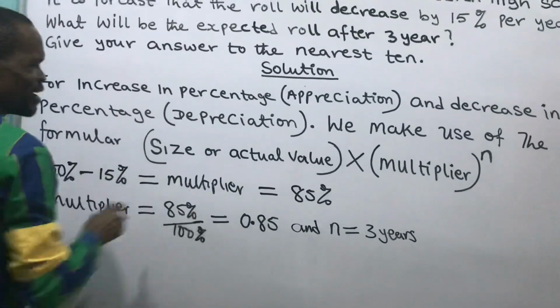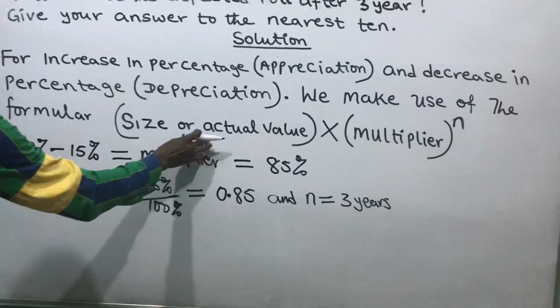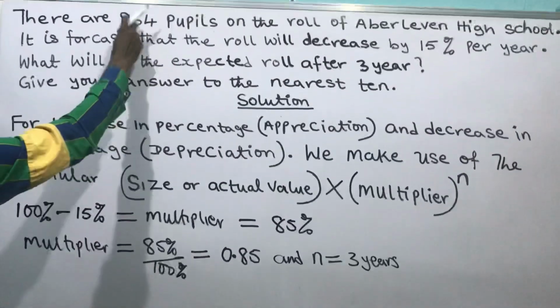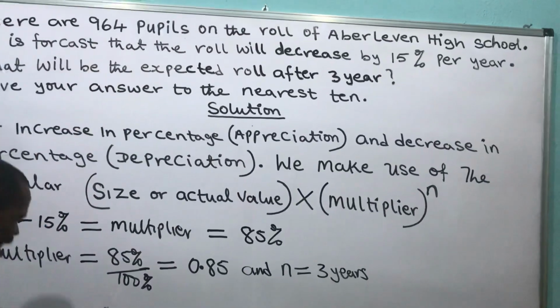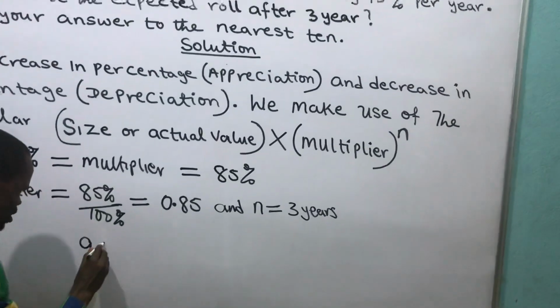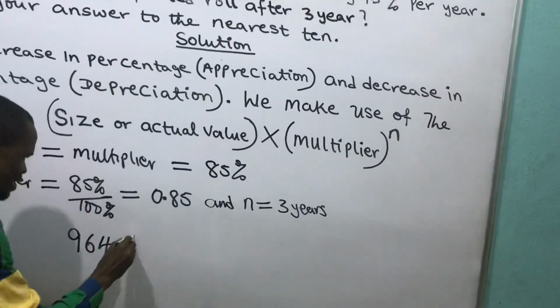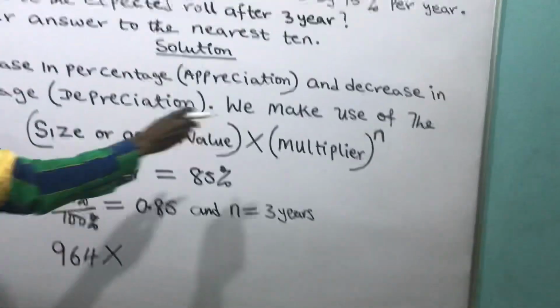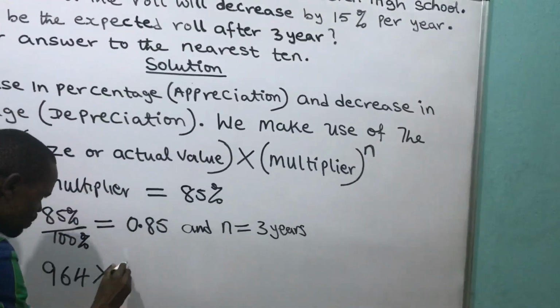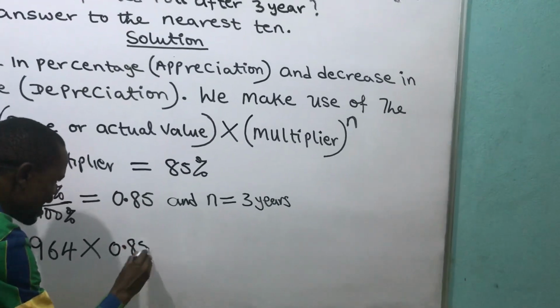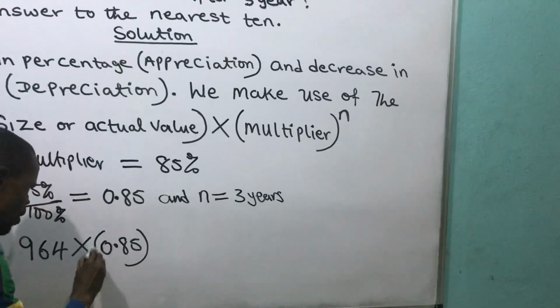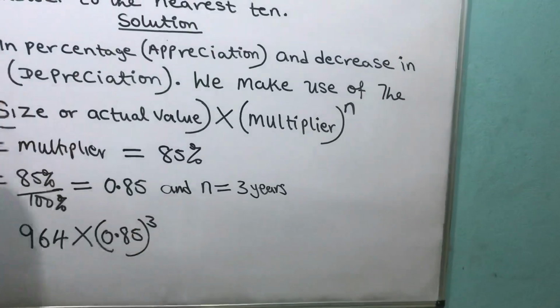The actual size is 964 pupils. So it is 964 times my multiplier, 0.85, raised to power 3, which is the years.